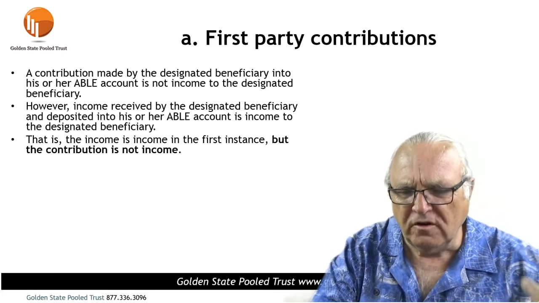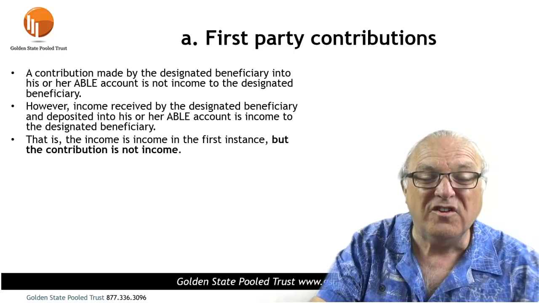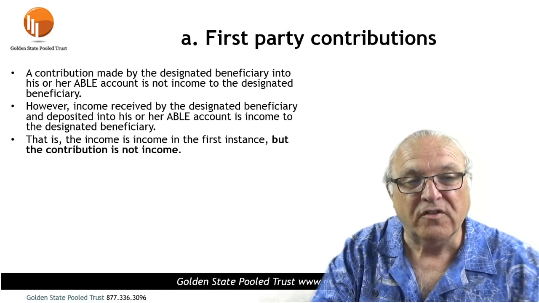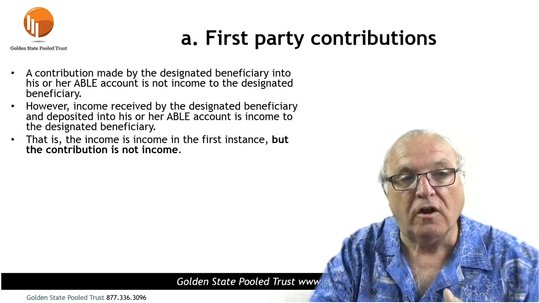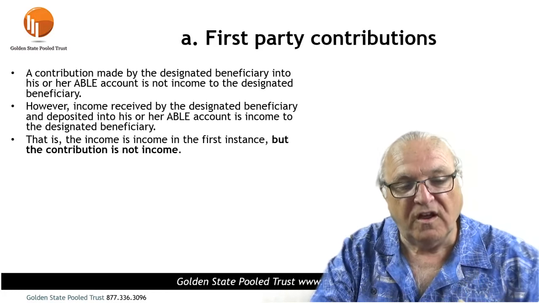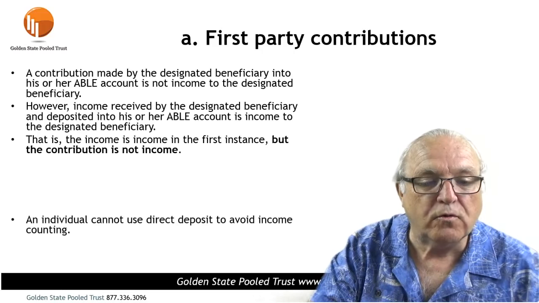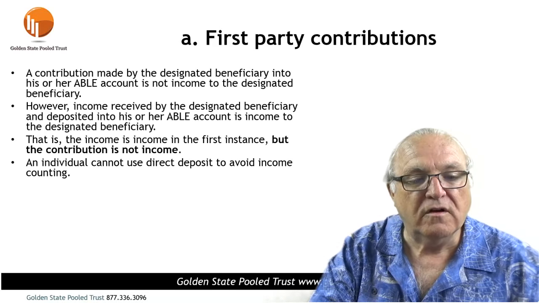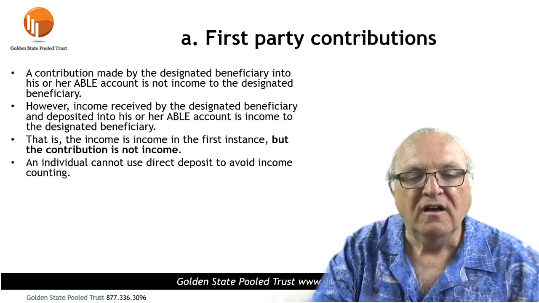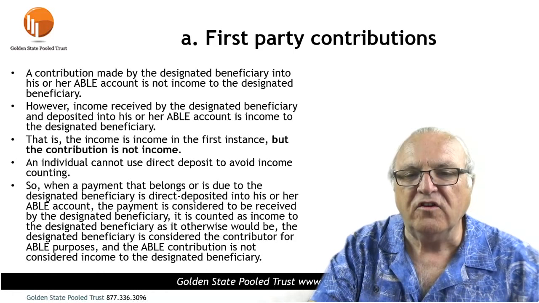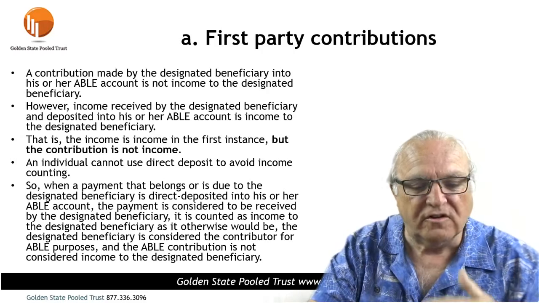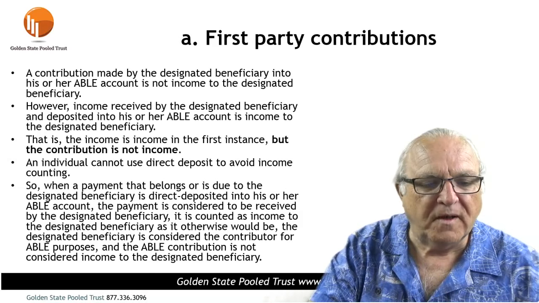So if somebody were to earn $265 in the month, they would still take the $100 reduction, but they could take the remainder of the funds and put it in the ABLE account to save it for a future need. The individual cannot use direct deposit to avoid income counting here. So the fact that you didn't receive it isn't necessarily going to save you from having it counted.